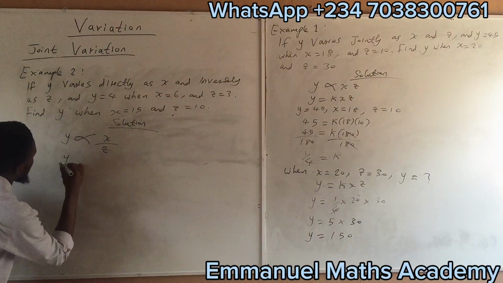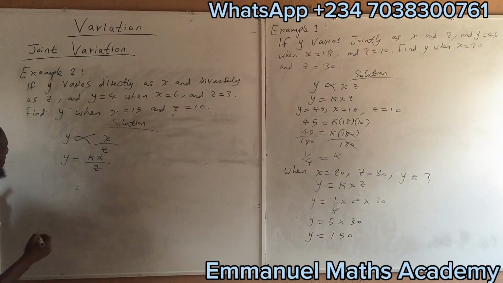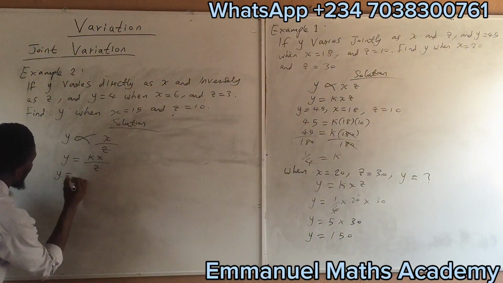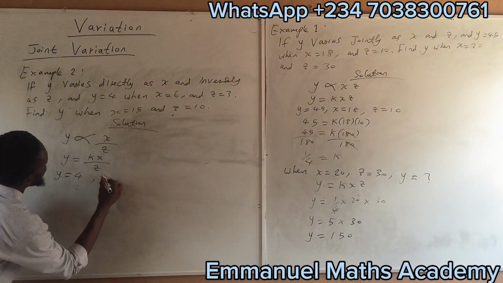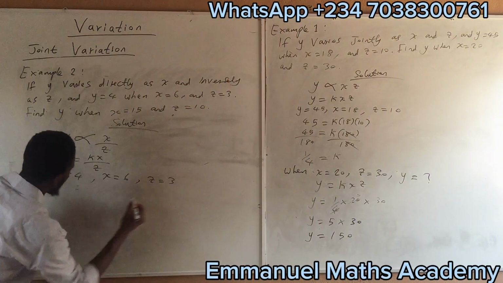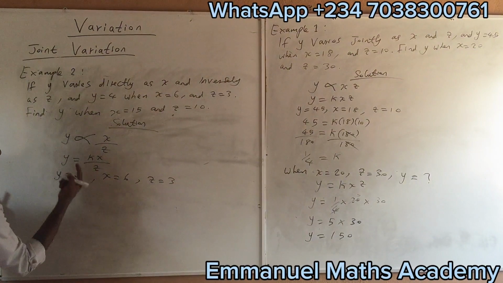The equation is now Y equal to KX over Z. They say that our Y is 4, our X is 6, and our Z is 3. Now substitute the values of Y, X, and Z in our equation.